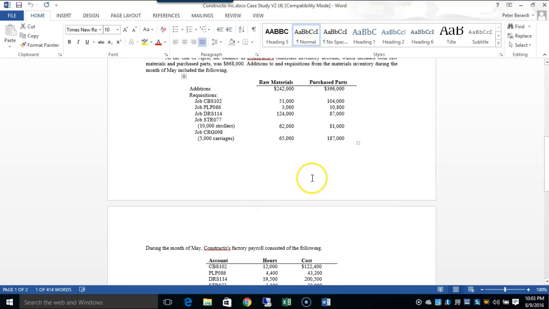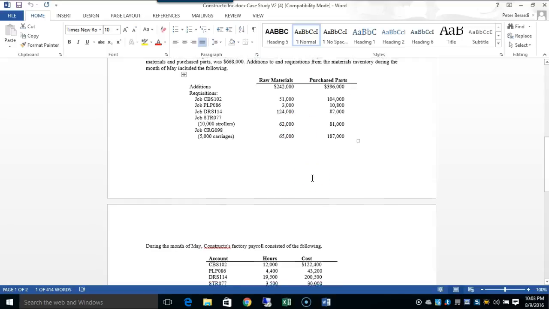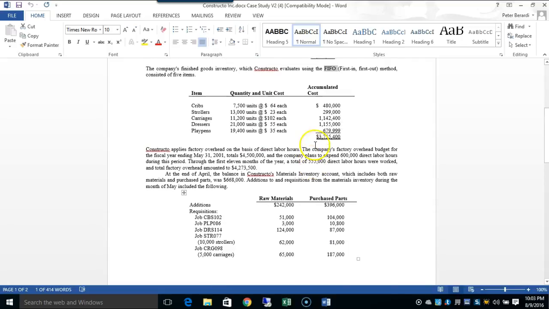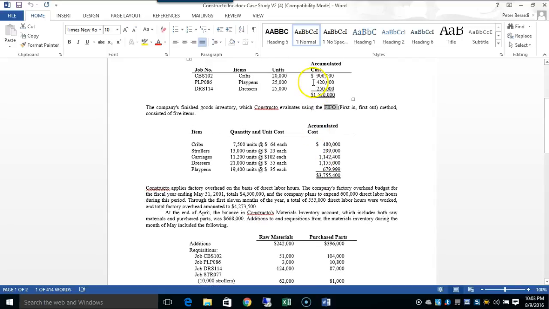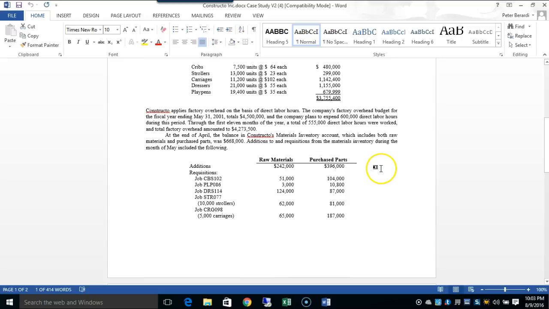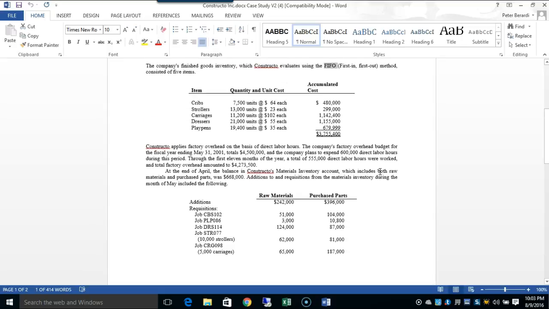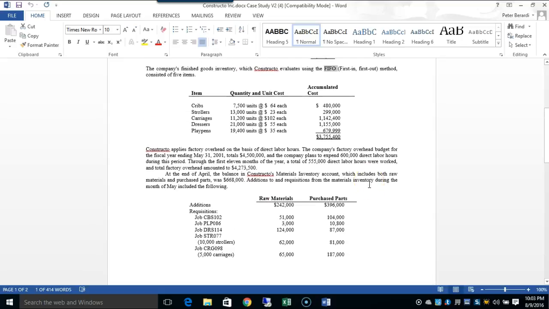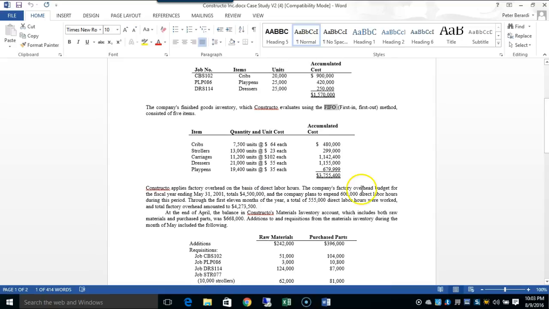You're going to take basically the sum of your beginning WIP inventory for playpens, add them all up, and divide it by the number of units that were put into production for WIP. And that will give you cost per unit.